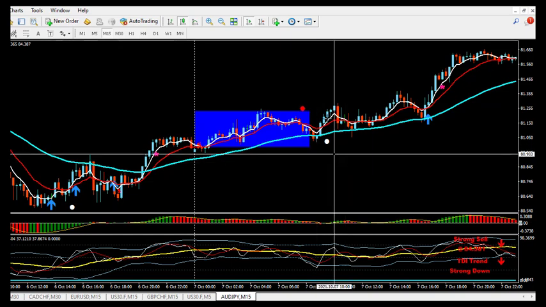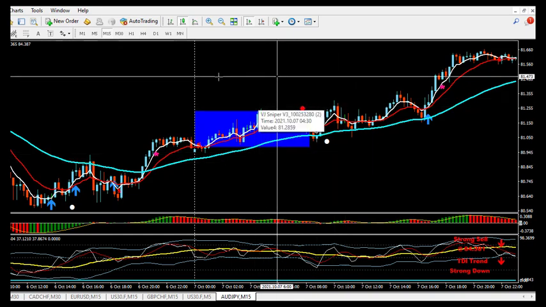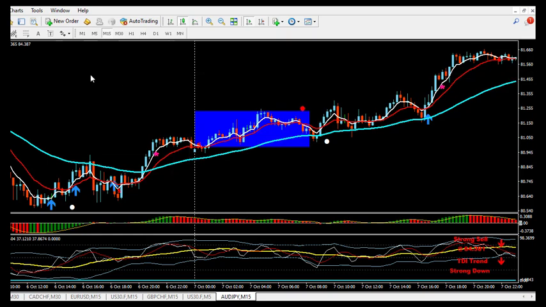So what you do is this: this is the previous high during the Asian zone. This is the highest. So we place a buy stop above this highest point.